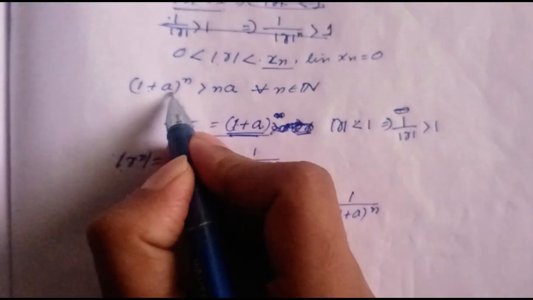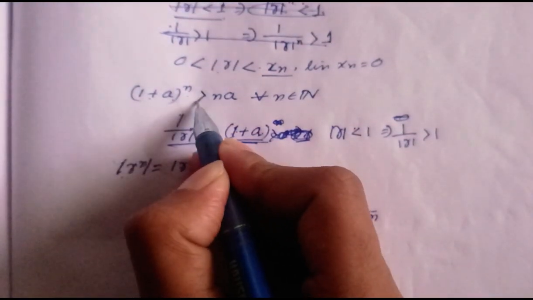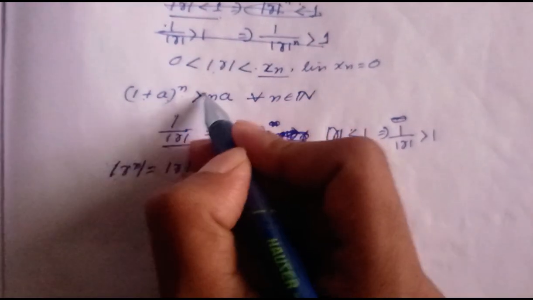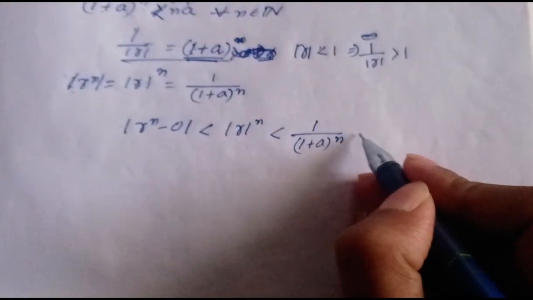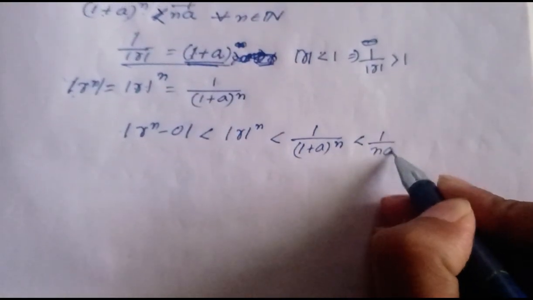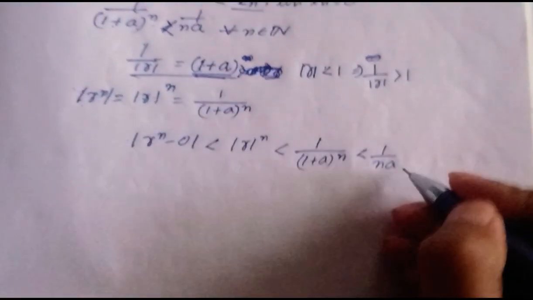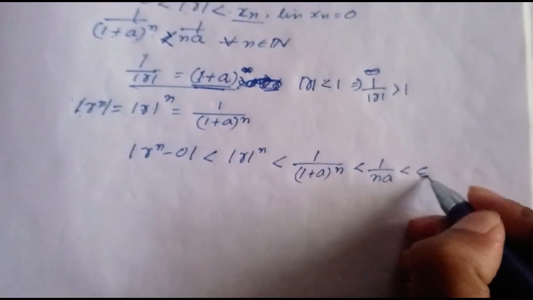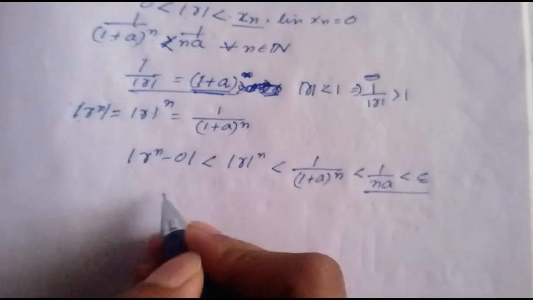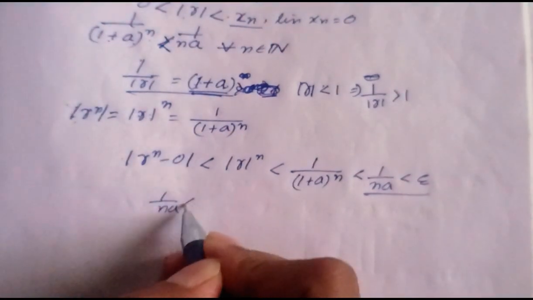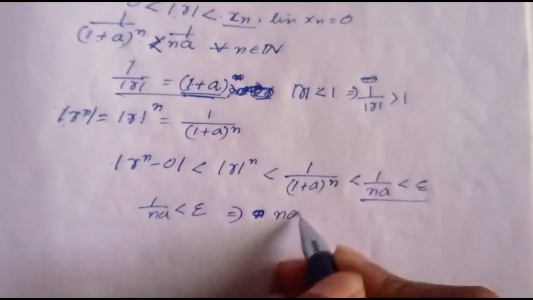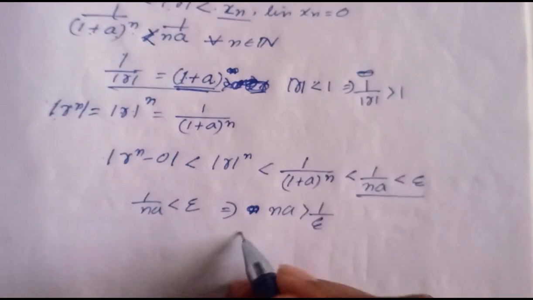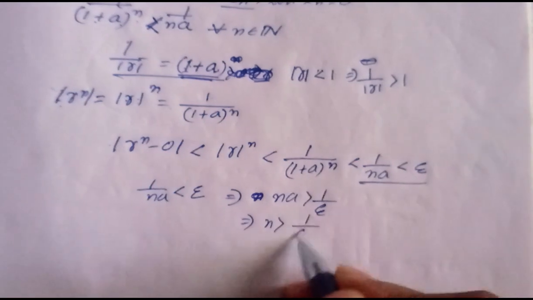Again, 1 plus a to the power n is greater than n a, so 1 by 1 plus a to the power n is less than 1 by n a. Now we have to show that 1 by n a is less than epsilon. So this happens when n is greater than 1 by a epsilon.